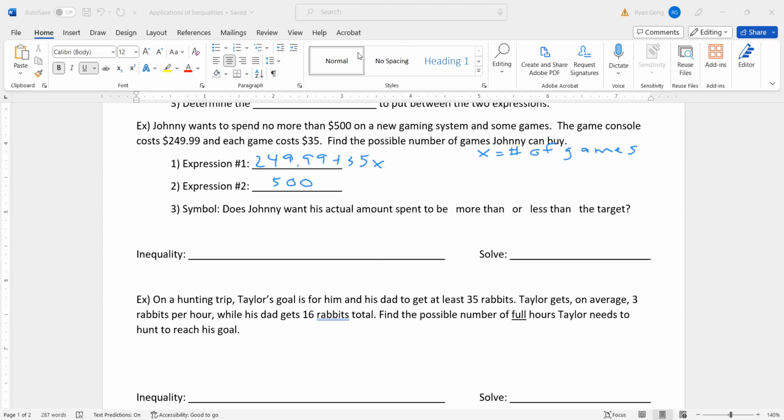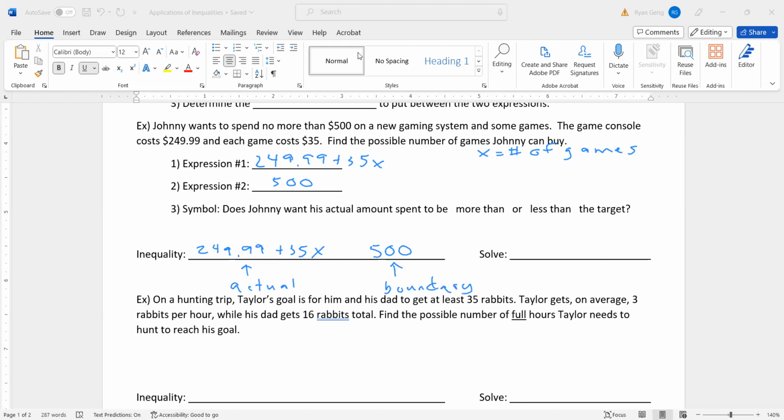All right, so now we're going to set the two expressions on other sides of the inequality. So $249.99 plus 35x, and we're going to compare that to 500. So this part on the left is his actual spending. This is your boundary or your goal.